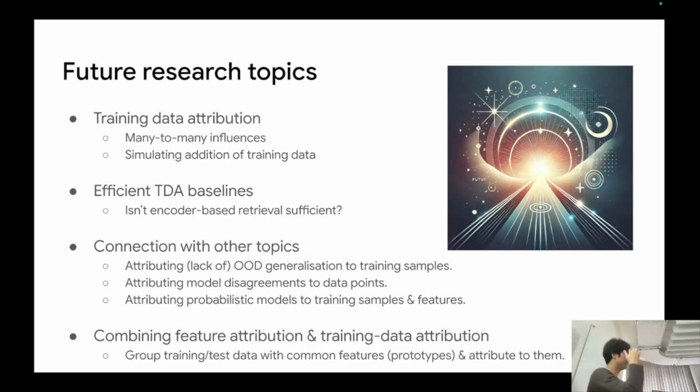In terms of fairness, people have been looking into this domain quite a bit. So it's not a totally new area to explore, but there are some initial works here. Another topic is attributing model disagreement to data points. This is also something that we are looking into. Models behave differently, and when we say models are different, what I mean in general is they react differently to certain data.